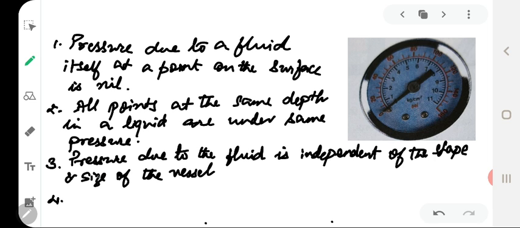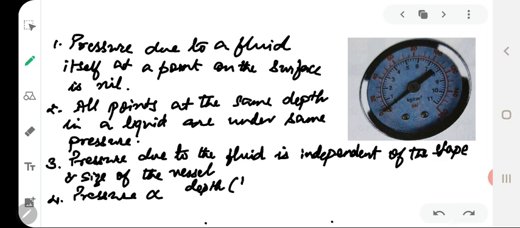And lastly, pressure exerted by a liquid contained in a vessel at a point inside is directly proportional to its depth.